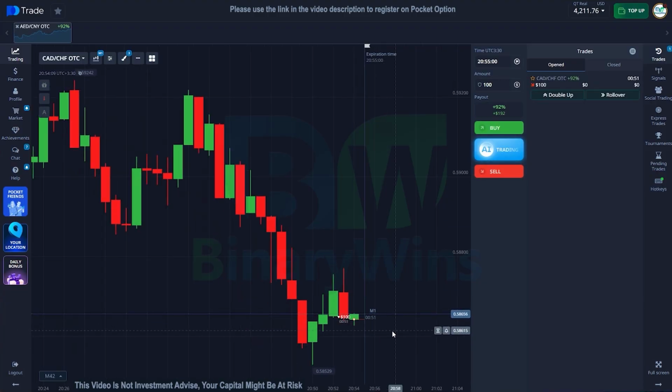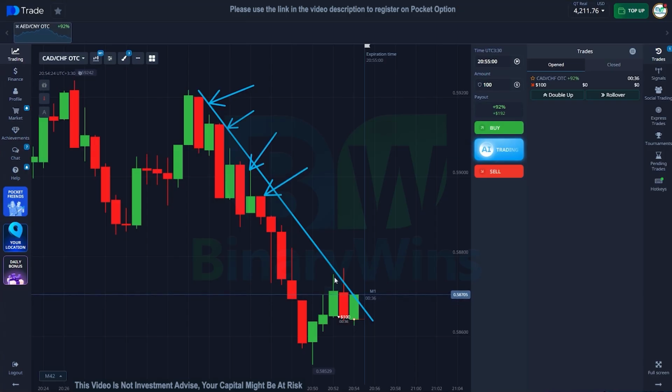I entered the lower trade again. If we look at the past candles, we have already seen the candles and the trend reverse relative to this trend line.